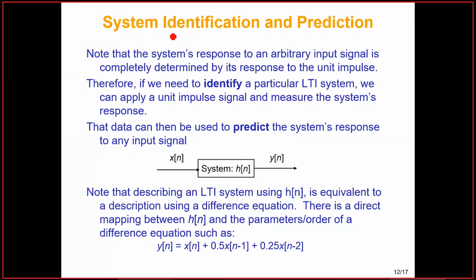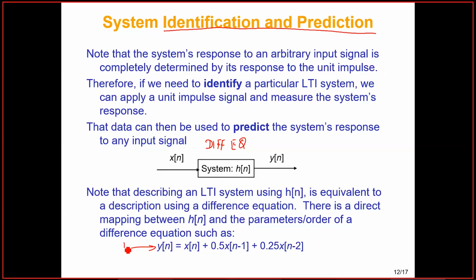Next, system identification and prediction. We can completely identify or completely specify a system by two means. One is by knowing the difference equation. So if the difference equation is known, then, just like you see right here, we can take any particular input, plug in the value of that input, and you will get the value of your output.